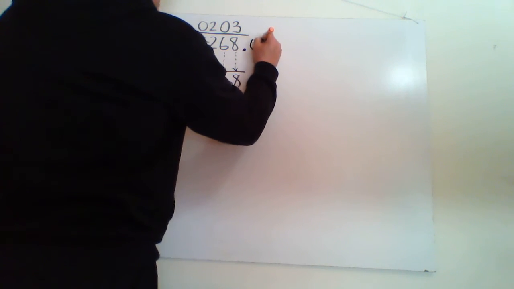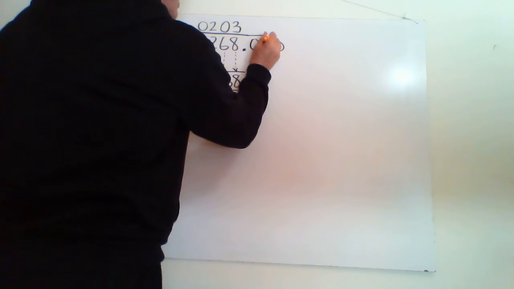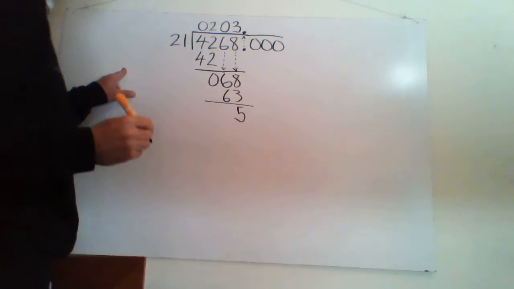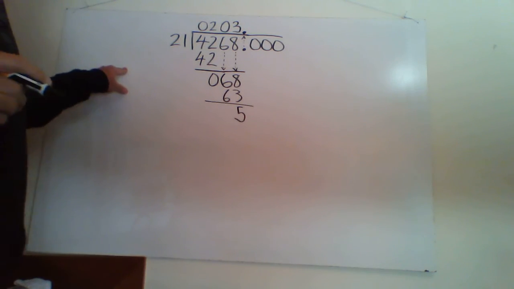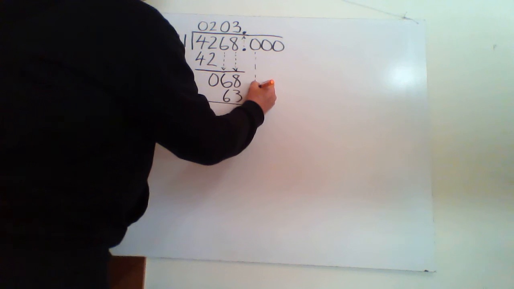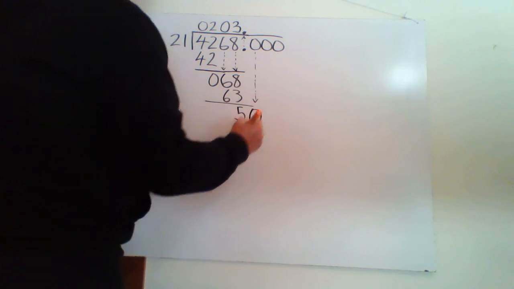So I've got to add in my zeros. And remembering to very neatly bring my decimal point up to the same exact spot. So that means I can now bring down a 0.